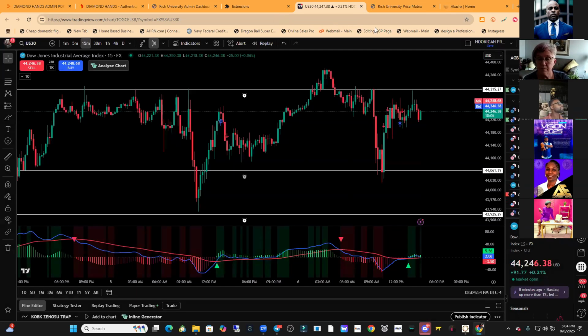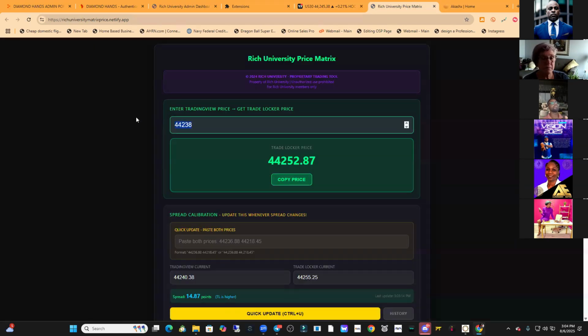Boom, there's my price. All right, cool. There's my number. So now I'll go back over to the tool. I'm going to go 44244.38. Now I didn't even calculate the spread difference yet, but it's still the same. And now when I'm looking at GBP AUD, it's spot on.